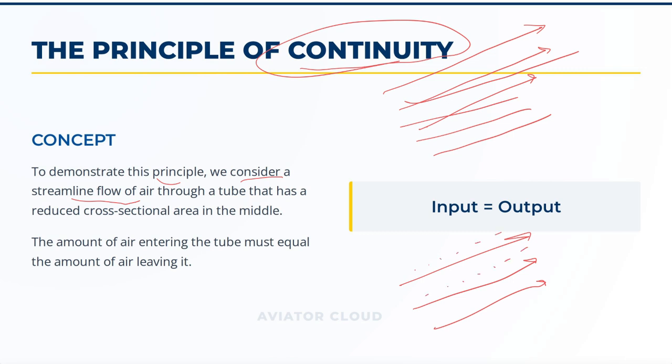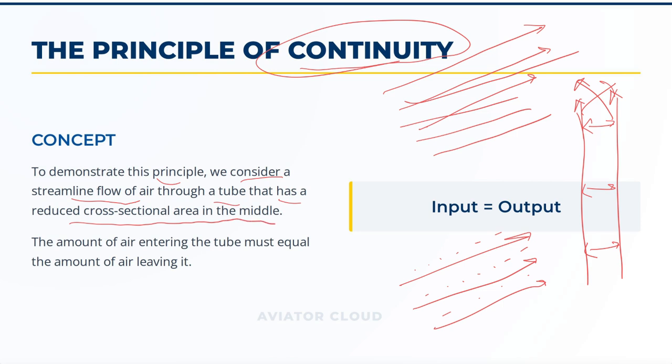You can consider this like railway tracks: two railway tracks are always parallel to each other at every place, and they don't mix with each other. That is a streamline flow of air, or a tube that has a reduced cross-sectional area in the middle.